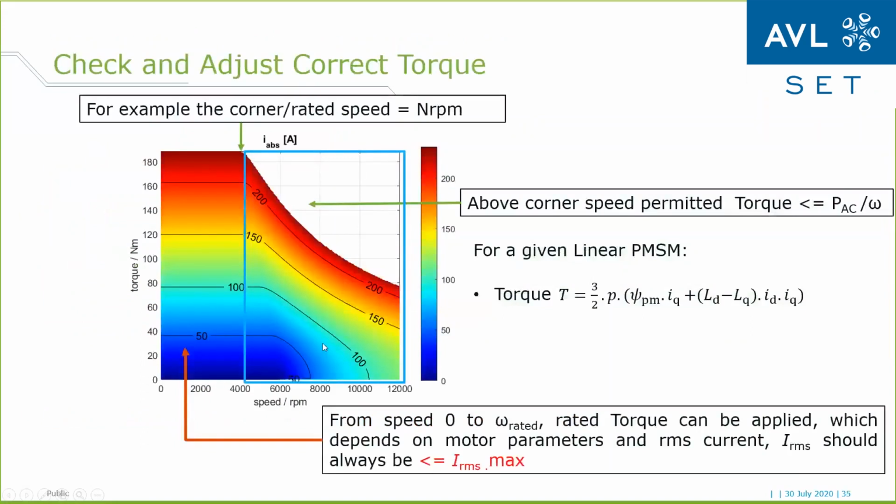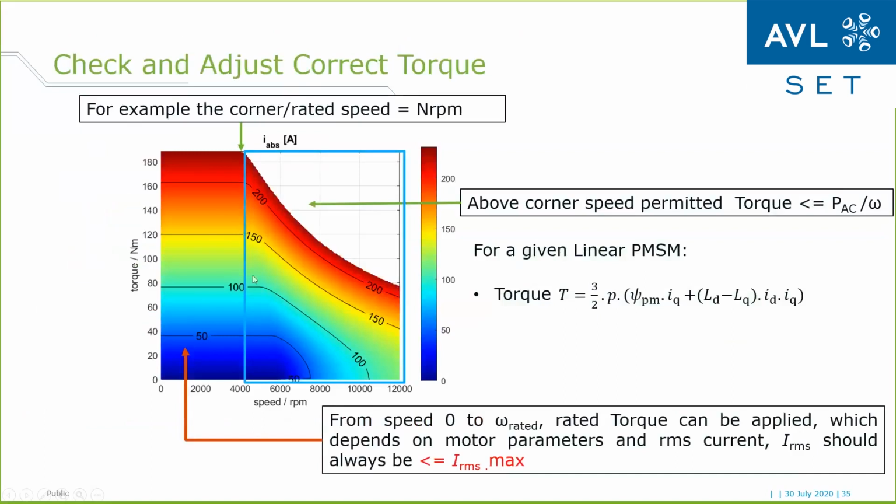Additionally, once the safety limits are considered, now we come to how we can command some torque safely. For a given permanent magnet synchronous machine, this is a very well-known picture, I assume. We would know a corner speed of the machine, and we know how many power architectures we have.